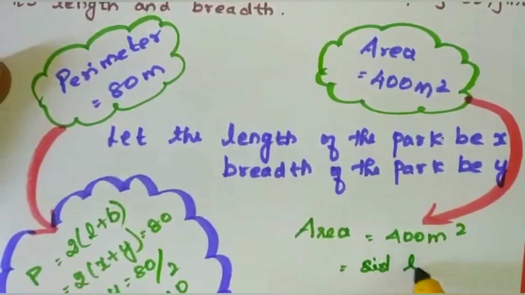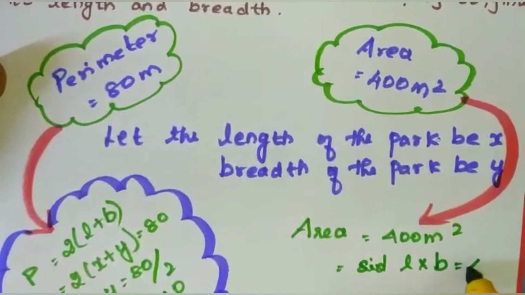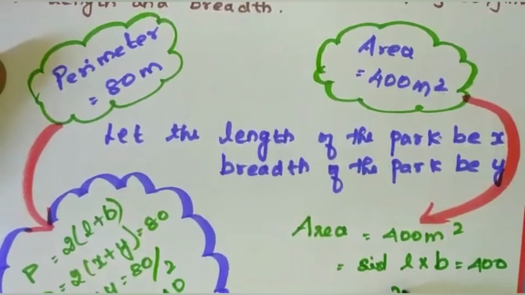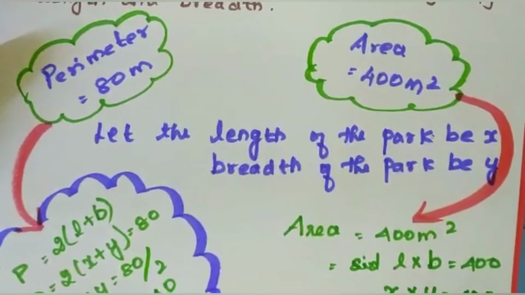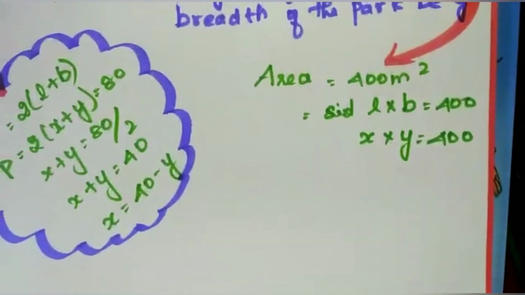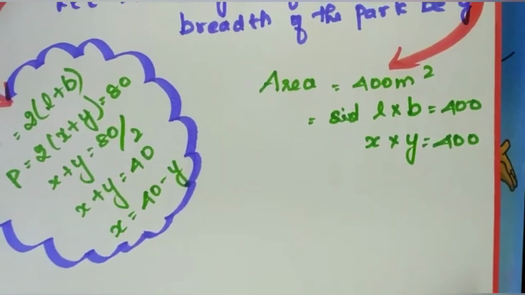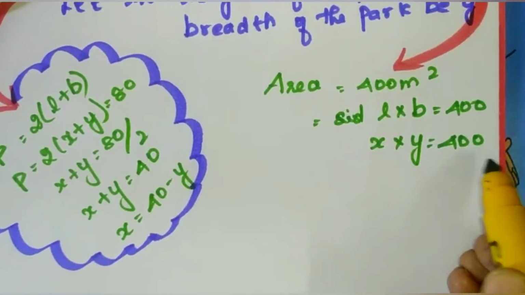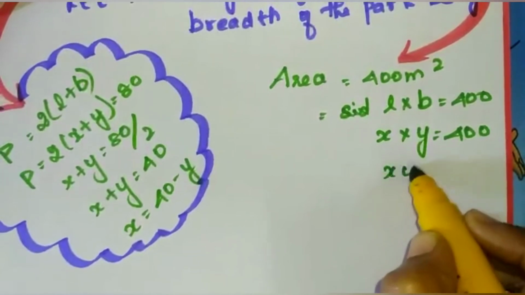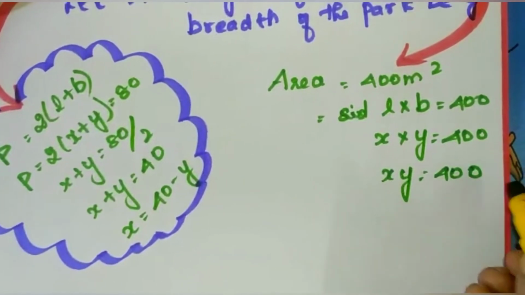L into B, length into breadth is equal to 400. That is x into y is equal to 400. Clear? Clear all of you? Do you have any doubt, Kanna? x into y is equal to 400. We got xy is equal to 400.